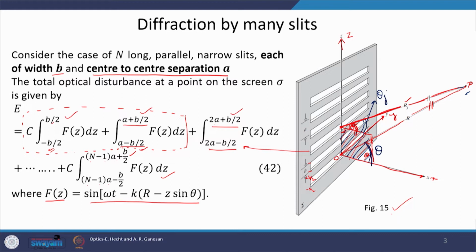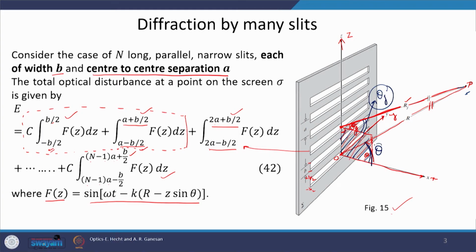Therefore, the line starting from the center of each slit and reaching the point of observation P subtends an angle which is the same irrespective of the slit numbering. Okay. And this angle is being subtended from a plane which has x and z axis.